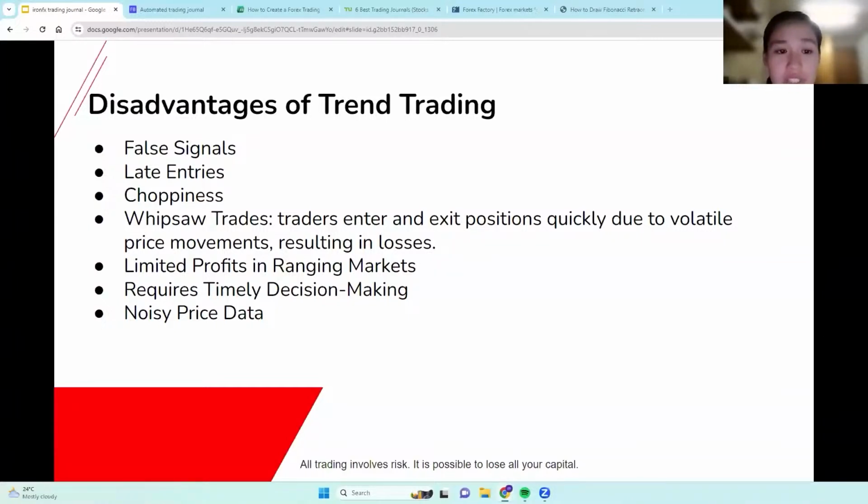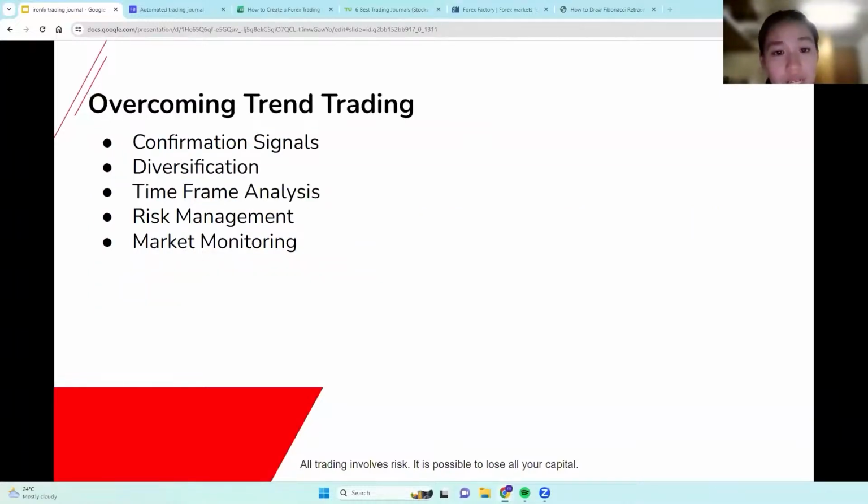Limited profits in ranging markets, and it might require timely decision making. And lastly, noisy price data. So to overcome it, you want to make sure that you have all of these in check. And how you can make sure these are in check is by making sure that you use a trading journal so that you can track your trades, track your strategies to see what works and what doesn't.